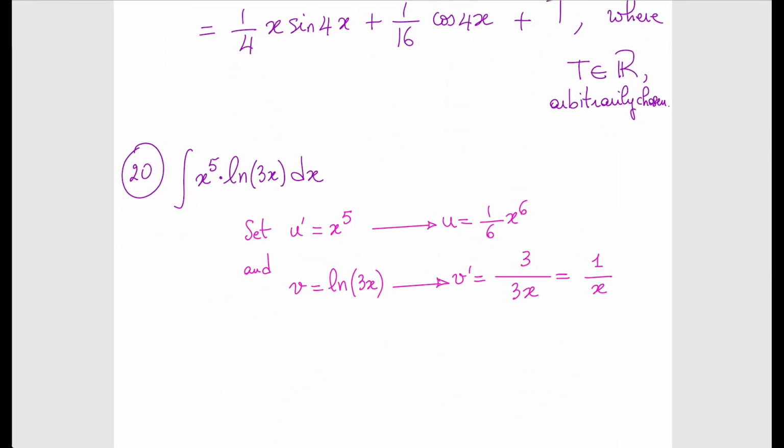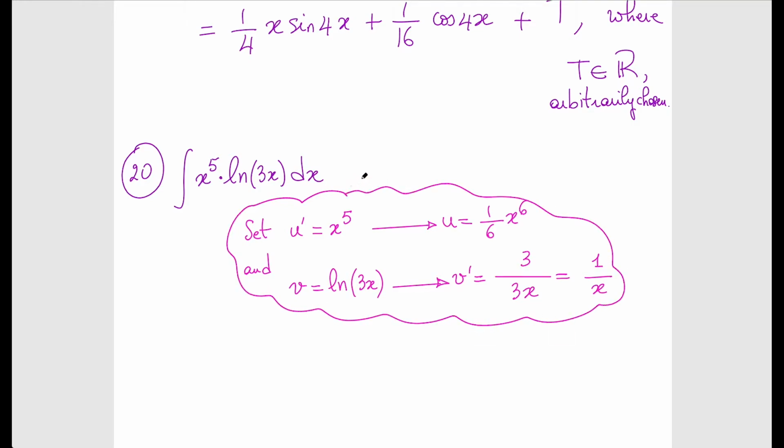So I'm using this package to apply IBP, and I obtain uv, so u times v, so 1 over 6 x to power 6 times ln of 3x, minus, that's integration by parts if you remember above, minus the primitive of u times v prime.